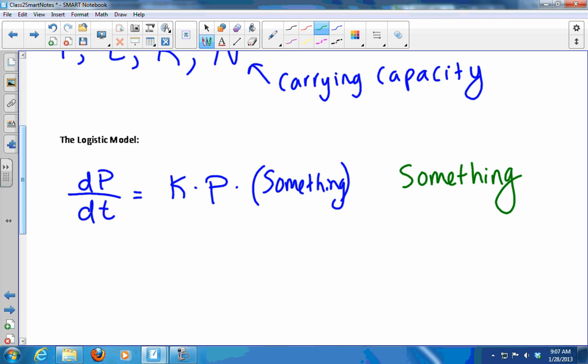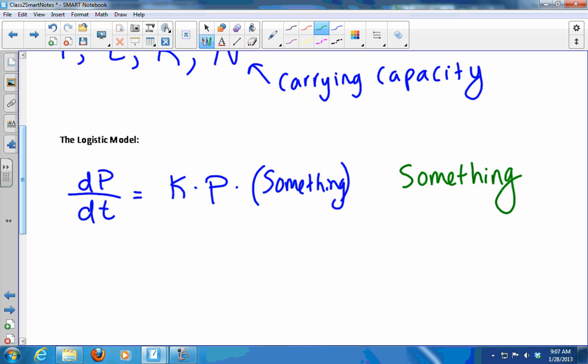Okay, so when the population is small, I want this something to be close to 1, because then it would just be K times P. So I need that something to be close to 1 when P is small, because then we'll be satisfying the Malthusian model.